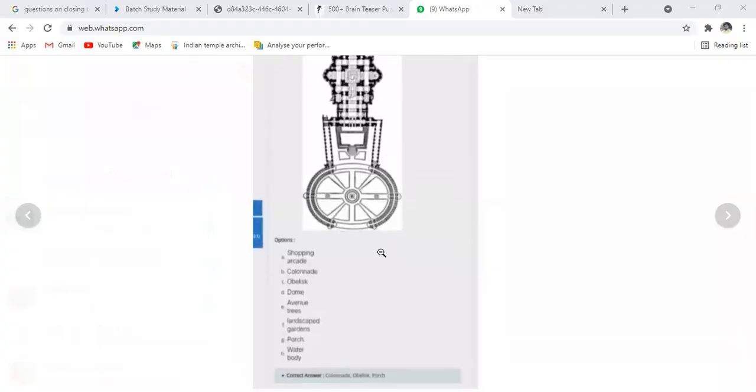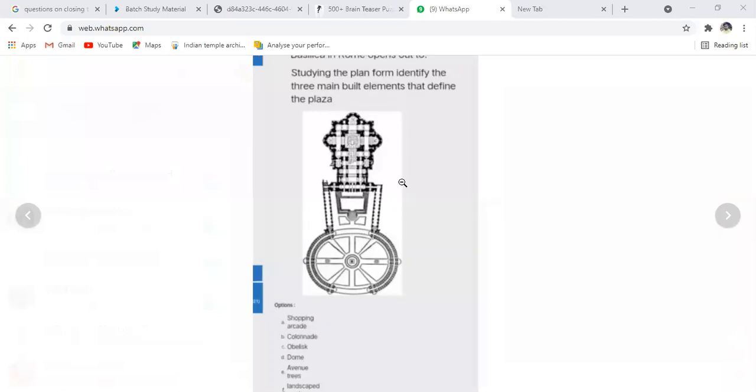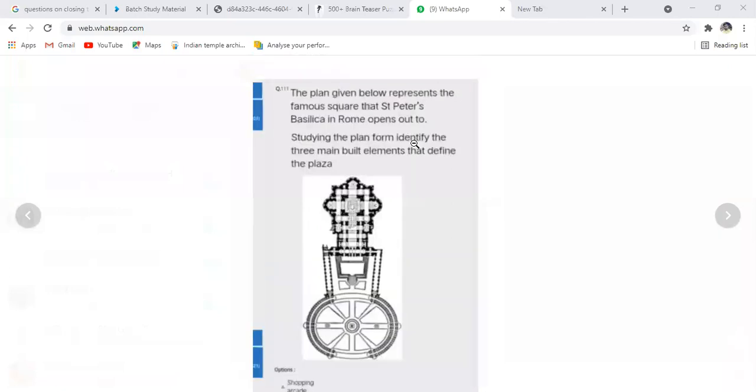Fine, let me share the screen. Okay, I hope the screen is visible. Yes, sir. Here, this is the plan given below.